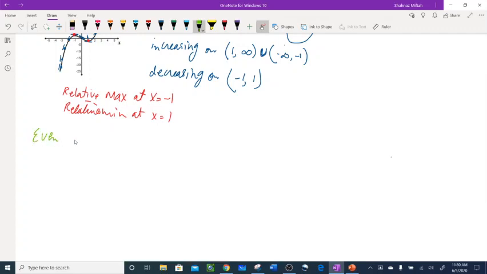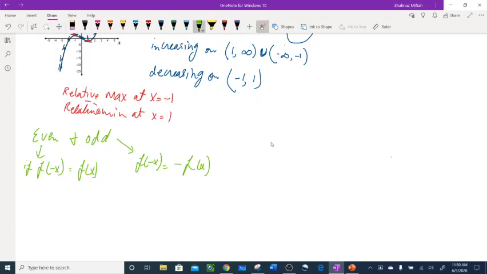The function is even if, when I plug in -x, I get the same function, positive. For odd, when you plug in -x, the whole function changes to negative.